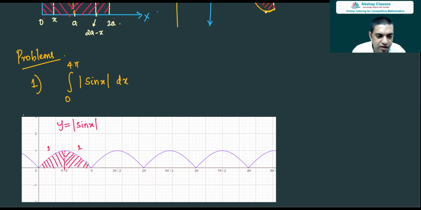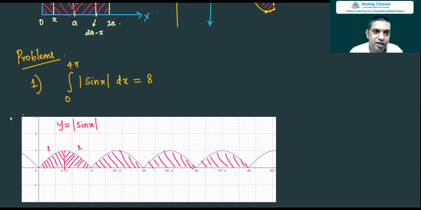So just this one portion of the curve, one crest, is 2. Now, when you go from 0 to 4 pi, you get 4 such loops for this curve. So 2 into 4 is equal to 8. So the answer is 8. Straightforward.